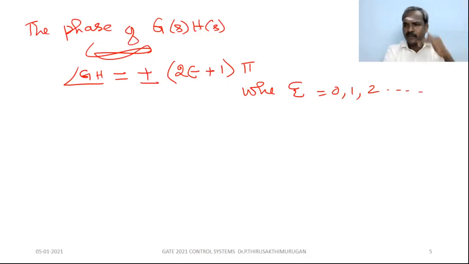Any point in the S-plane which satisfies the above magnitude condition as well as the phase angle condition will lie on the root locus diagram of the system. Understand or not?